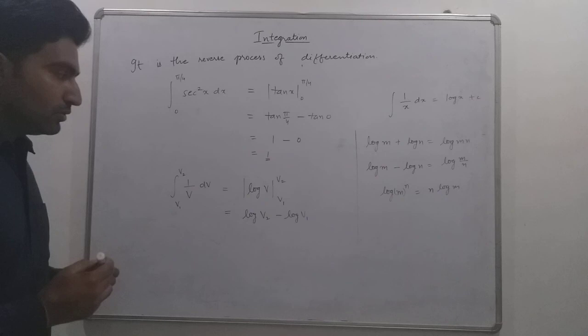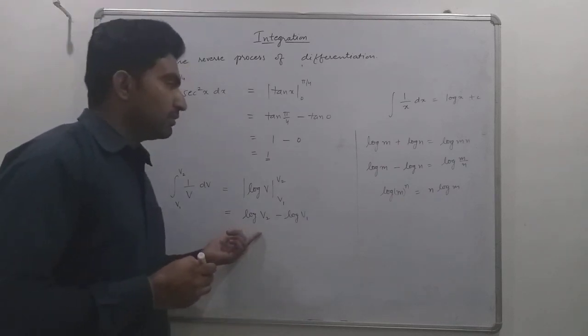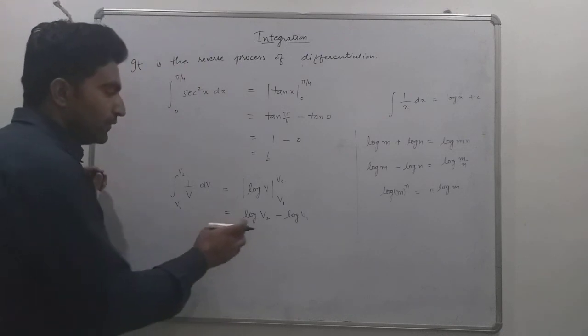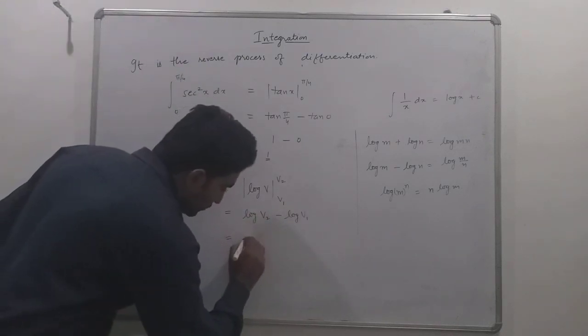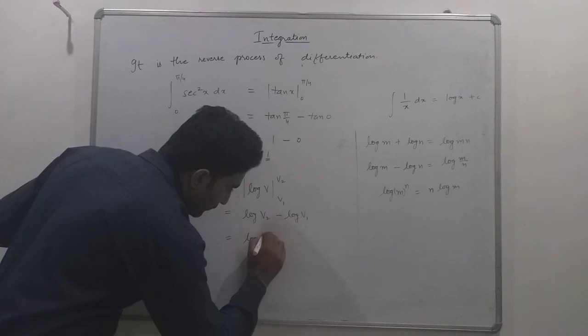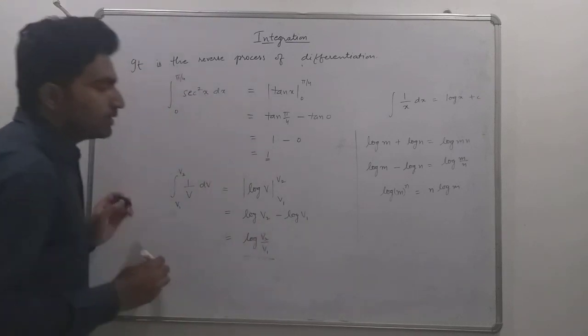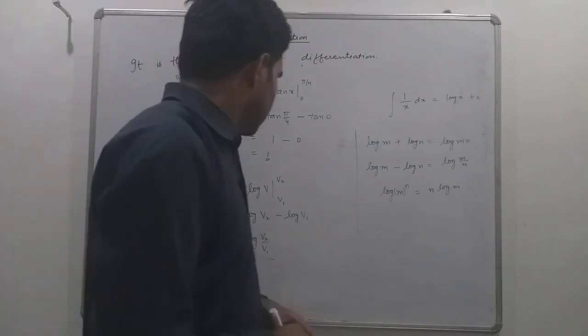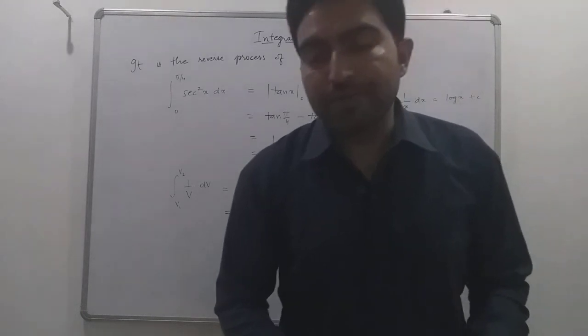So here in our question we will use the second formula. So log of v2 minus log of v1 will be equal to log of v2 by v1. It is the answer of the function we are having here.